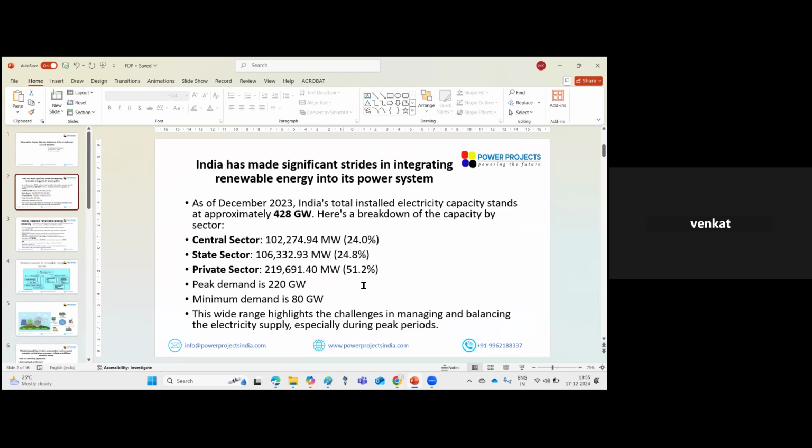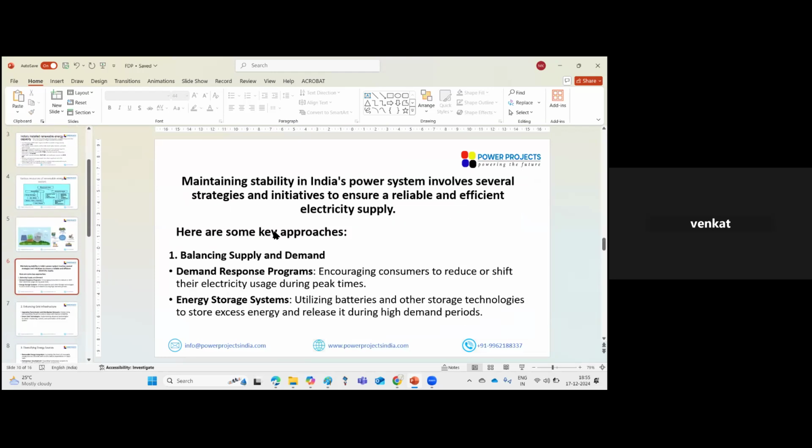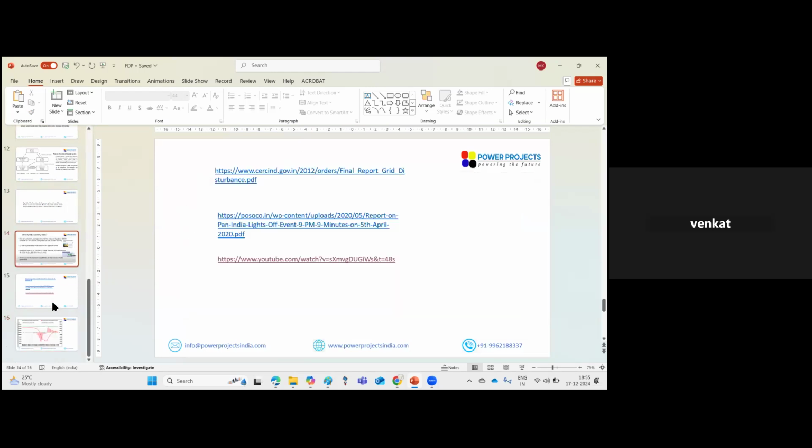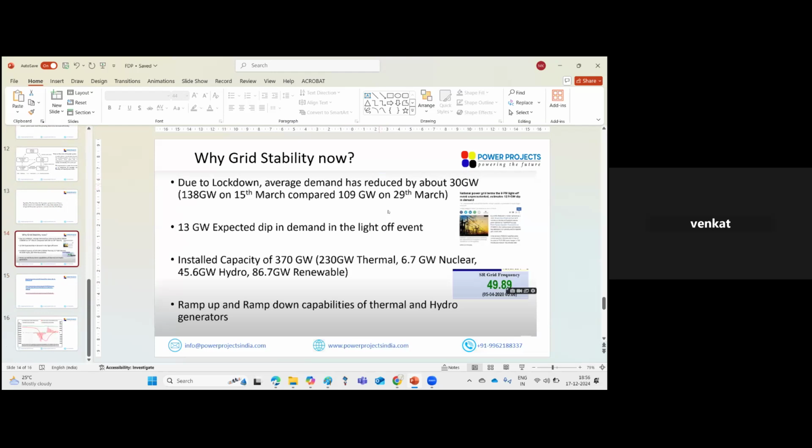From 138 gigawatt on 15th March, it came down to 109 gigawatt on 29th March, which is very much less demand, and a 31 gigawatt dip in demand was expected in the light of the event.